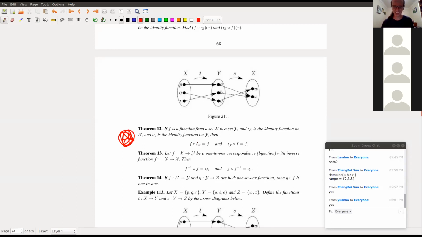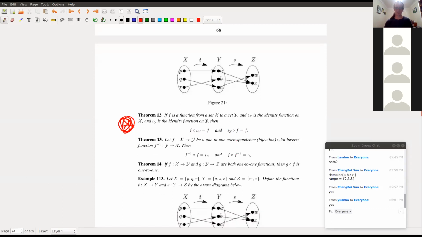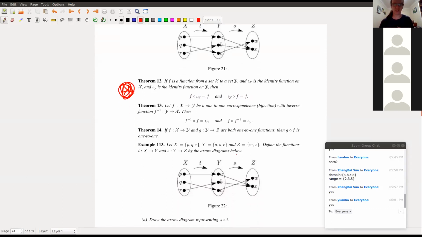So I'll leave that for you to think through, but this identity function, which we talked about a little bit before, like the identity relation, has this special property that if you do the composition of f with the identity, you get the same thing back. You do the composition of the identity with f, you get f back. And here's a special one, which is what we're building up to, that there's one-to-one correspondence.